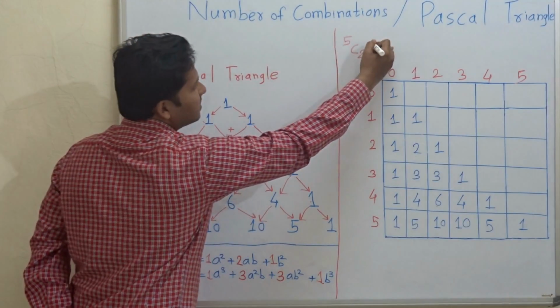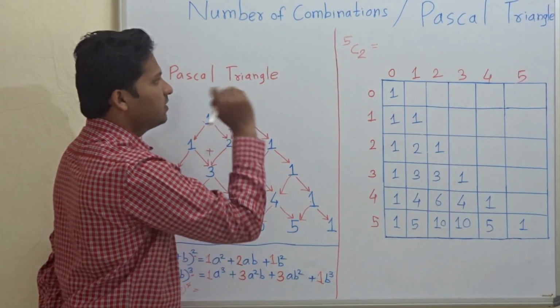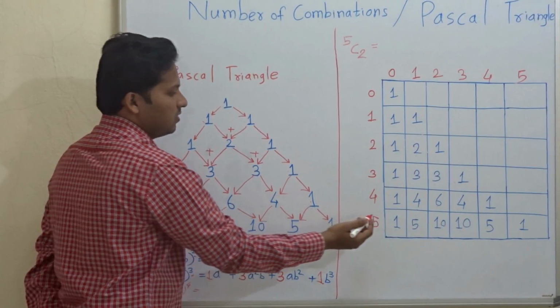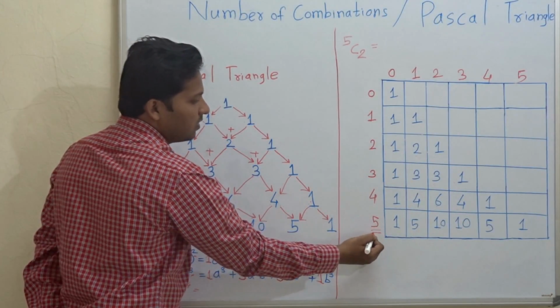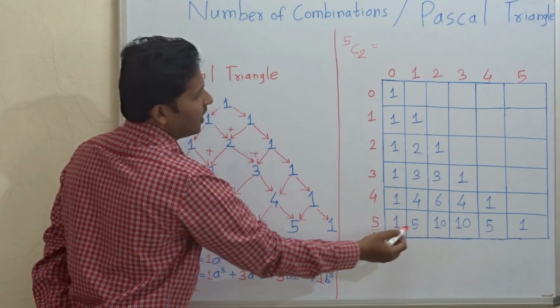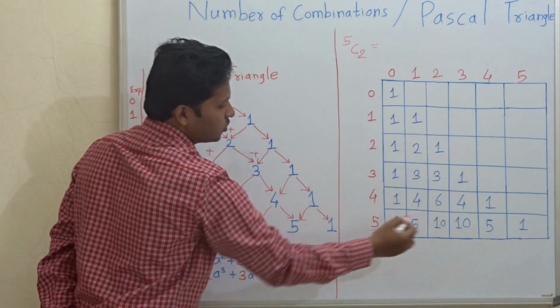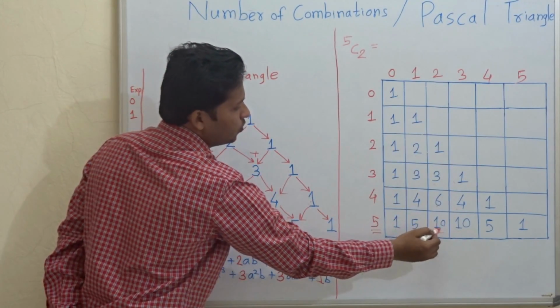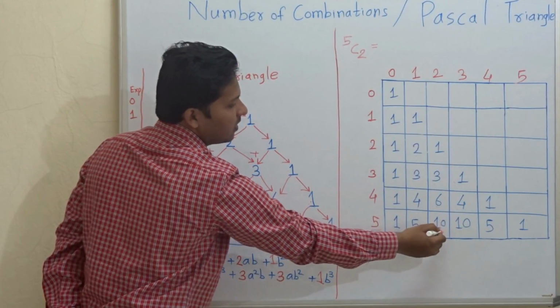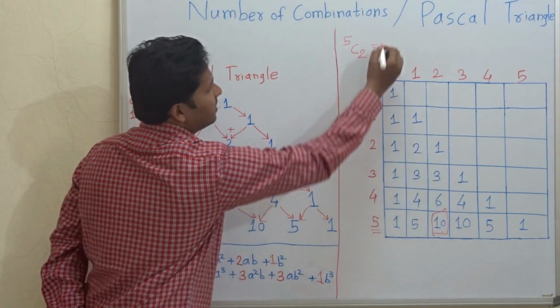So what is the answer for this? The answer for this we can find out here. The fifth row and the second column. So 5C2, the second column. So the answer is 10.